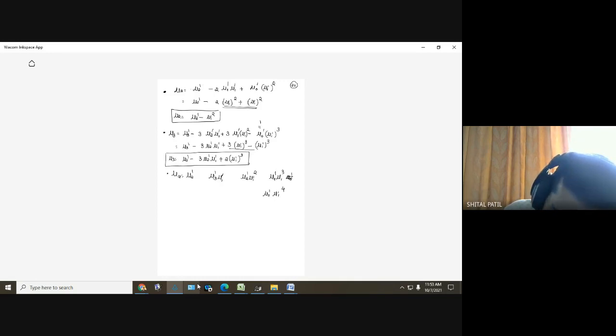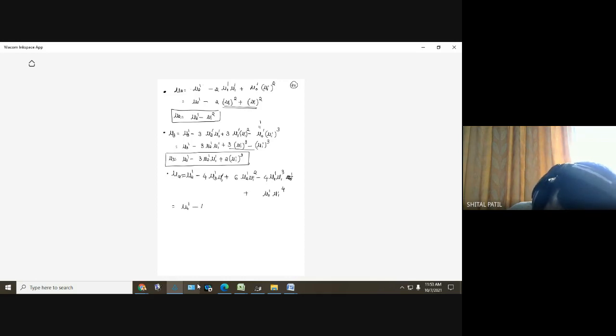mu1 dash raised to 4. Alternate plus minus sign. Plus minus plus minus plus. Okay, coefficient to be decided by the Pascal's triangle. See the Pascal's triangle. 1 4 6 4 1. Simplify this.